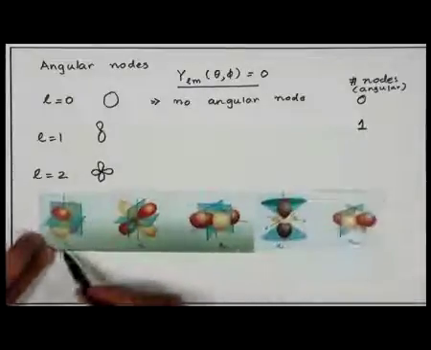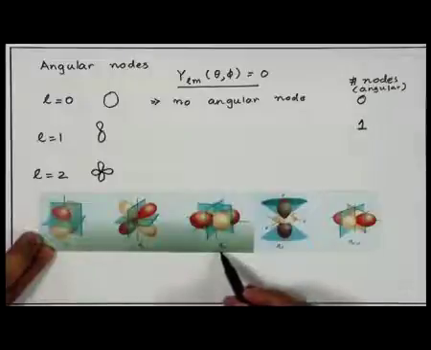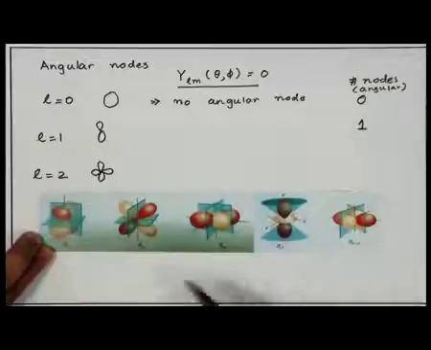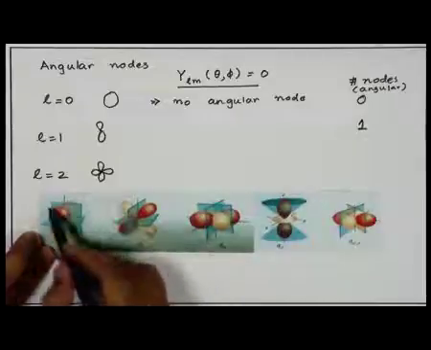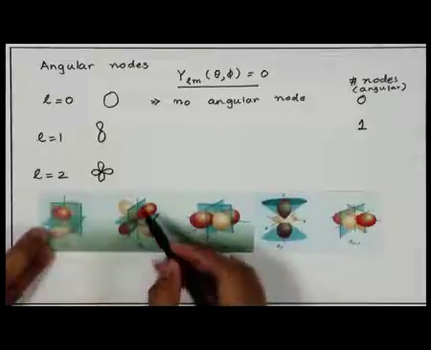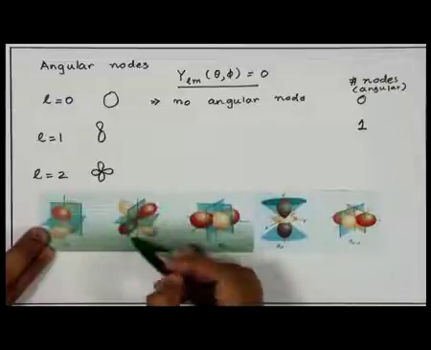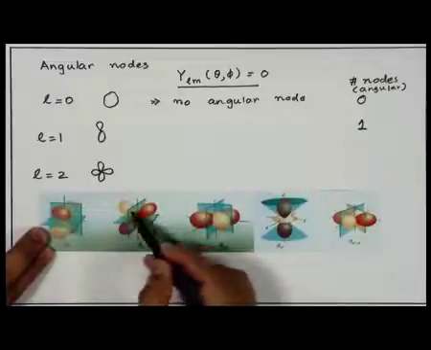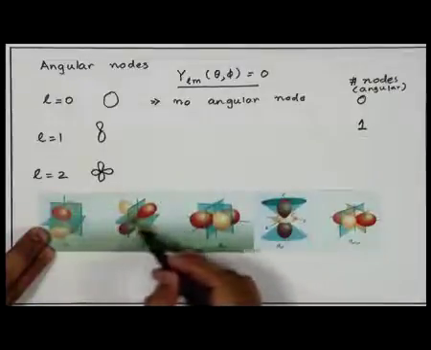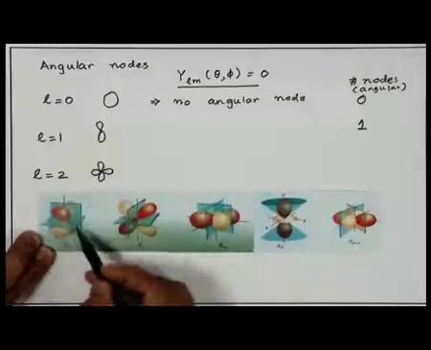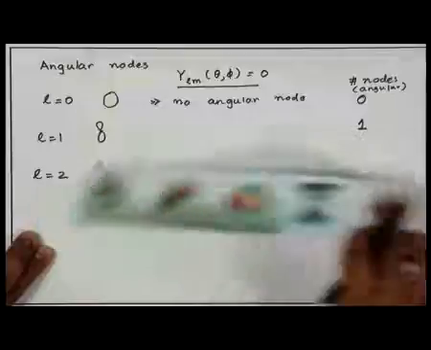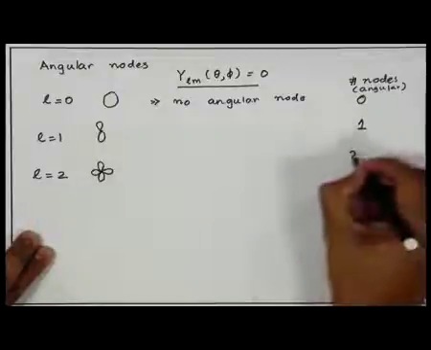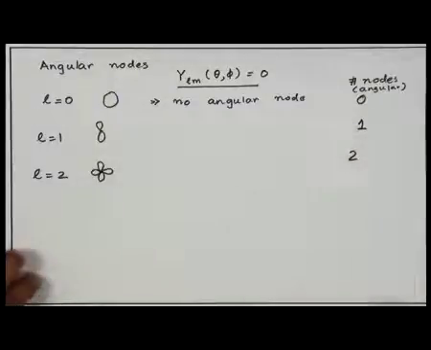Here you can see dxy, dyz, dzx, dz square, dx square minus y square, and since it is a double dumbbell, you can define two different planes along which the angular component of the wave function vanishes. As you can see, in each of these d orbitals, there are 2 angular nodes. So, in d orbitals, you get 2 angular nodes.